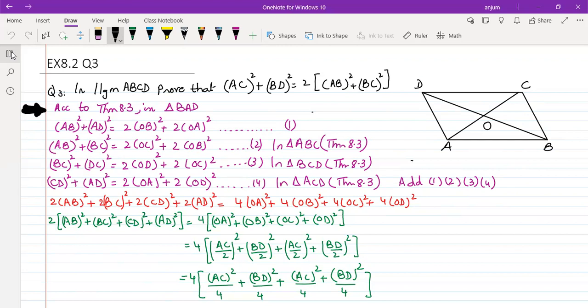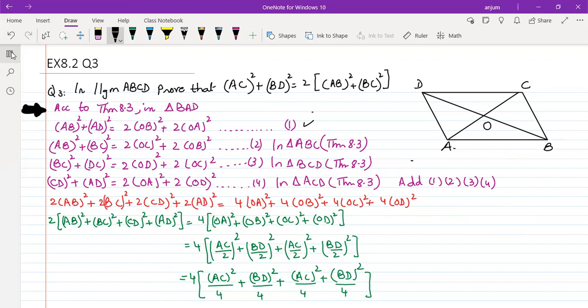It will be AB square plus AD square is equal to 2OB square plus 2OA square. OB is the half of the third side, and OA is the median. So this equation number 1 we have formulated. Now according to the same pattern, we will formulate all the other statements.